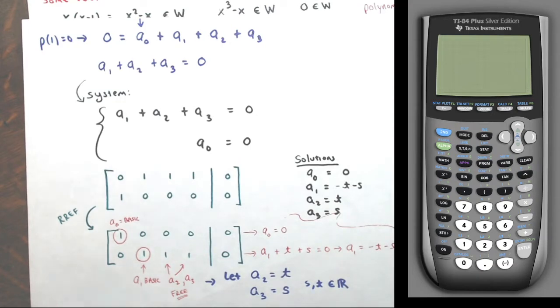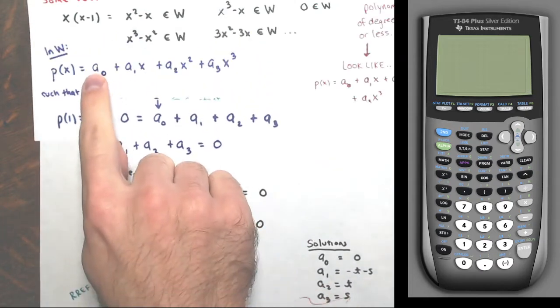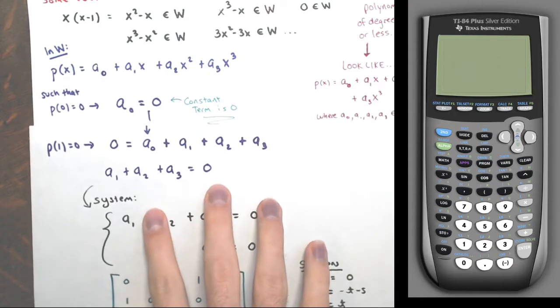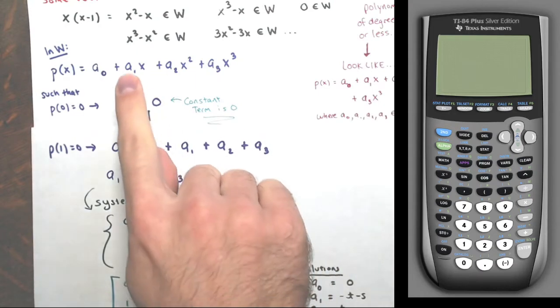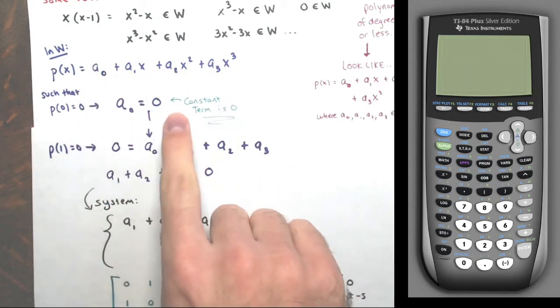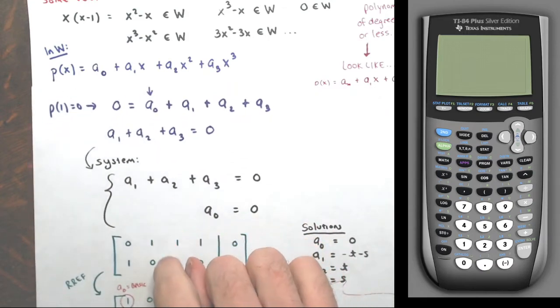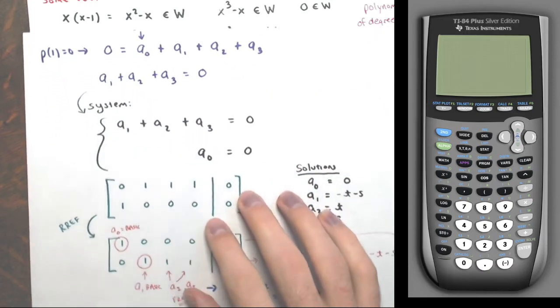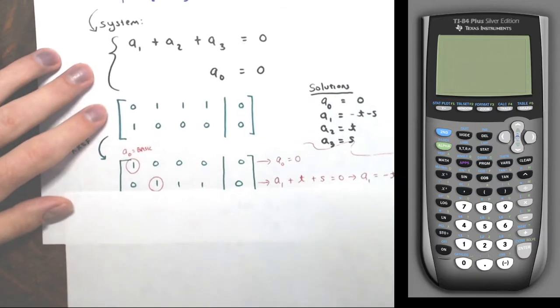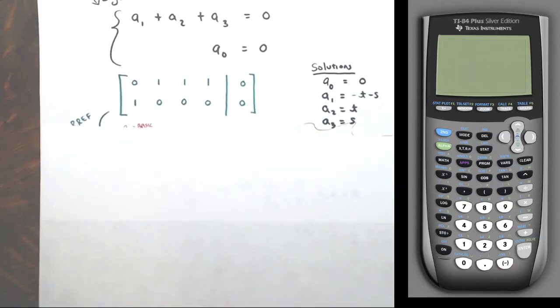So back to the polynomials in W. I said they had to look like this but satisfy these conditions. Polynomials that look like this but satisfy these equations, satisfy this system, belong to W. So let me put that all down here now.